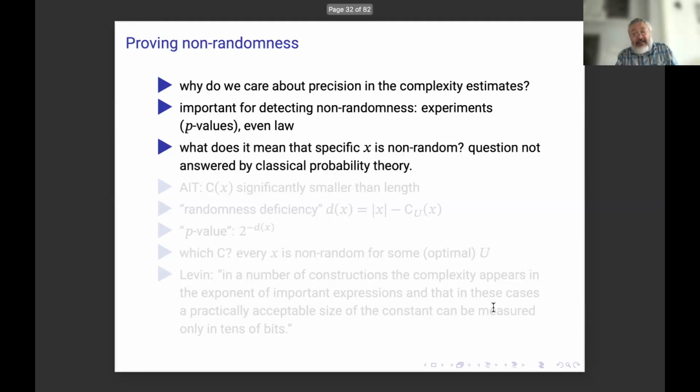From the viewpoint of theoreticians, this is somehow a philosophical question. If we have a specific object, what does it mean that it is random or non-random? Classical probability theory doesn't say anything. For a fair coin, we have a uniform distribution on all possible strings, and all of them are equally probable. So it doesn't make any sense to ask which is more random or less random.